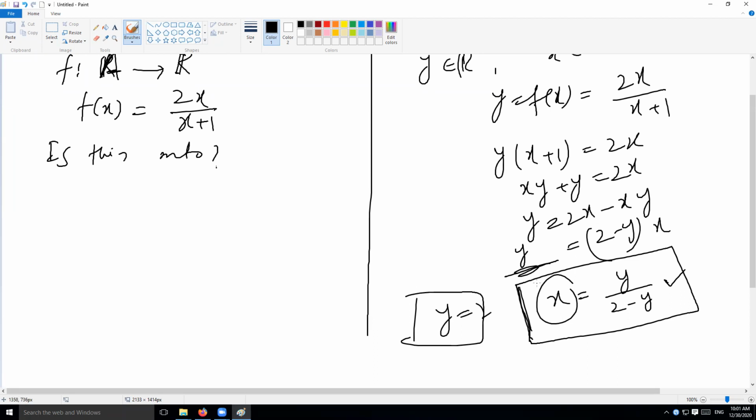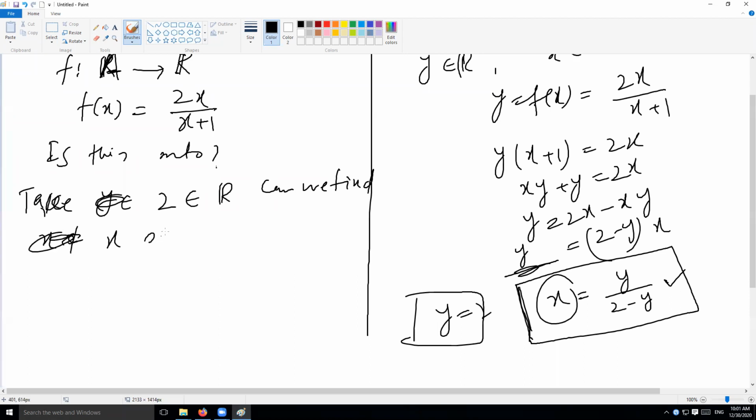Let's try to do it actually. From my rough work, take 2 from the real numbers. The question is, can we find x such that f of x is equal to 2? Let's try to find it.